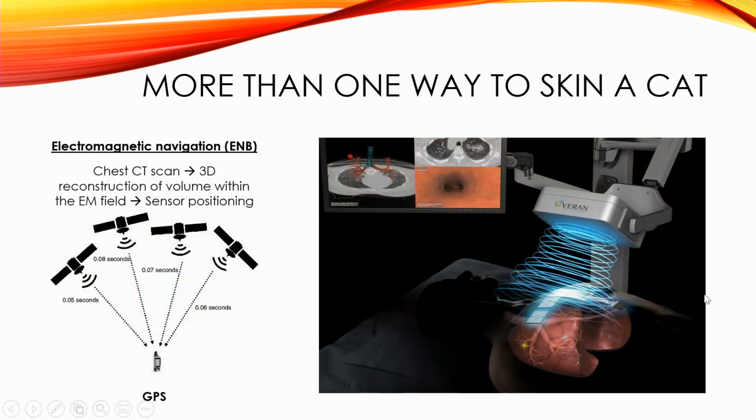And finally, electromagnetic navigation uses a GPS-like system. It localizes the target within the 3D plane by an electromagnetic field, and then guides the sensor that you put into your bronchoscope to approximate the target and thereby effectively guide you.